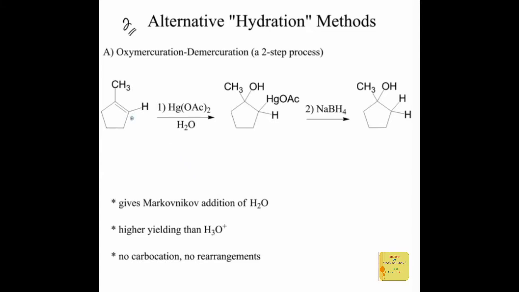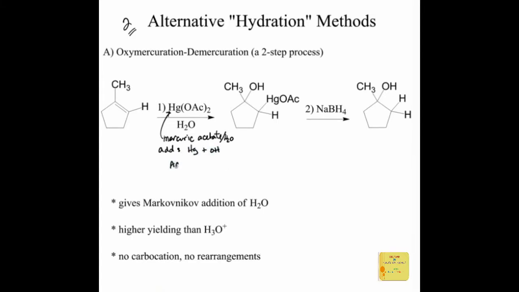Oxymercuration demercuration looks something like this. We start with an alkene. The first thing we do is we treat it with HgOAc2. That's called mercuric acetate. OAc represents the acetate group. And we also add water in this step, and this adds a mercury group and an OH group.